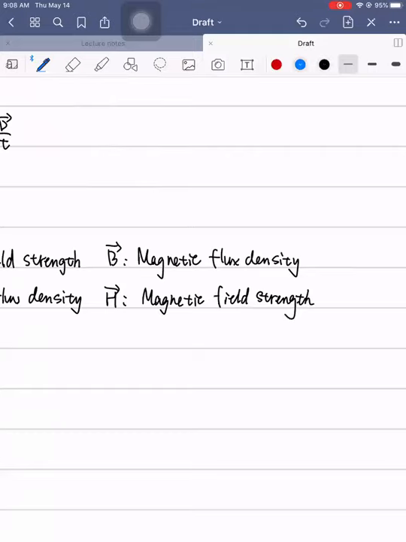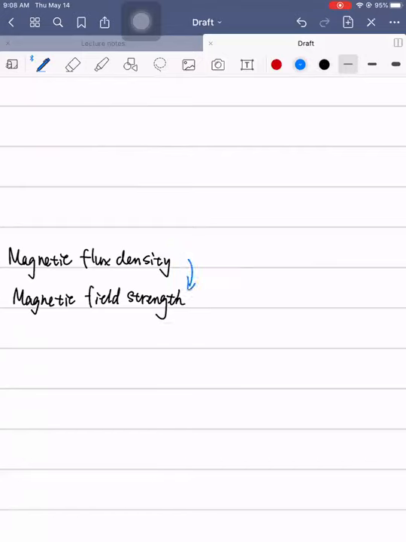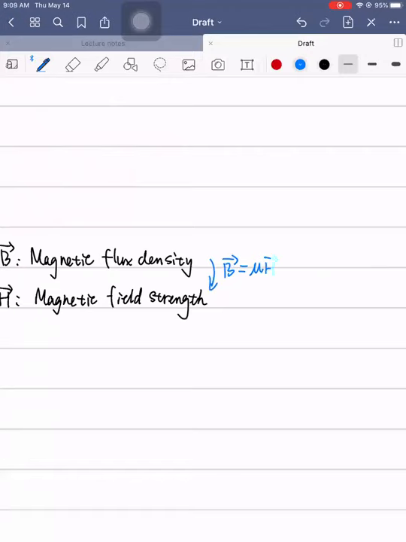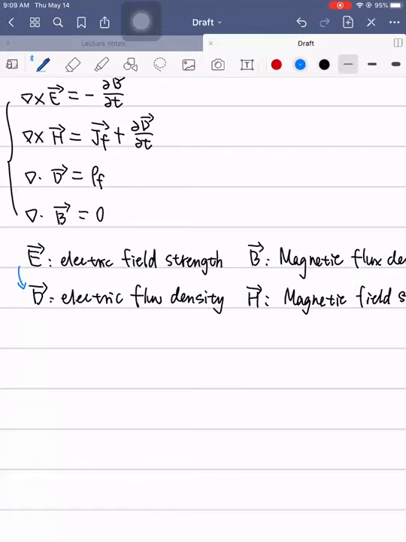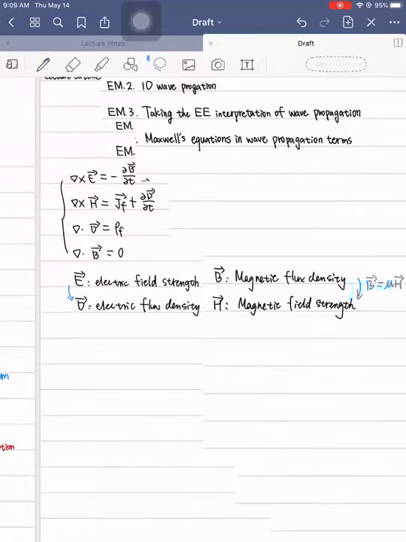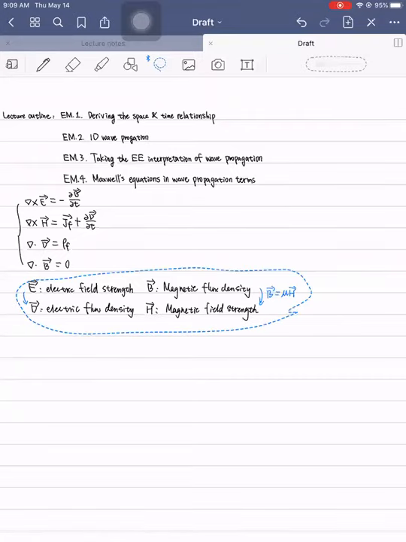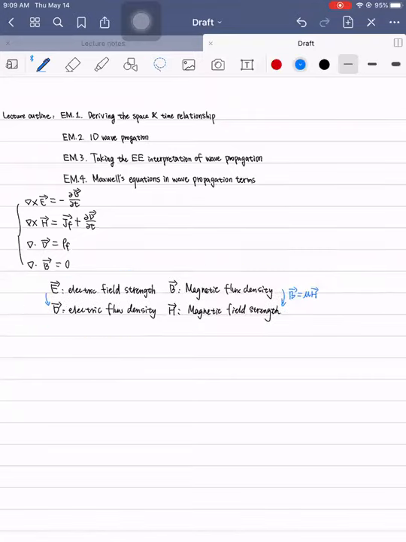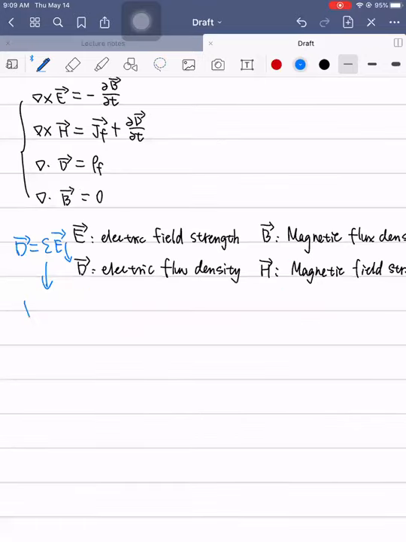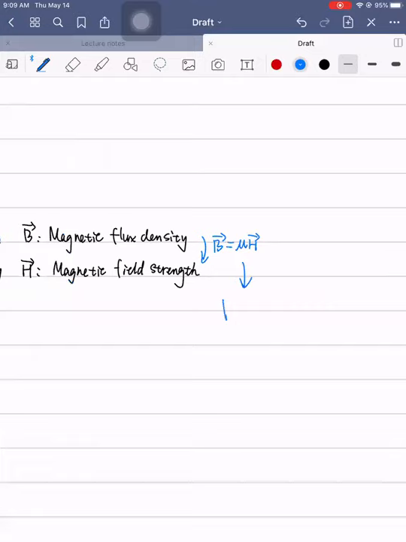and we can relate them through the constitutive relations. Here, the epsilon is permittivity, and the mu is permeability.